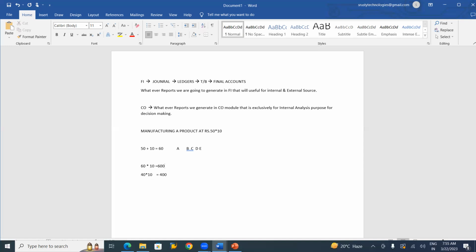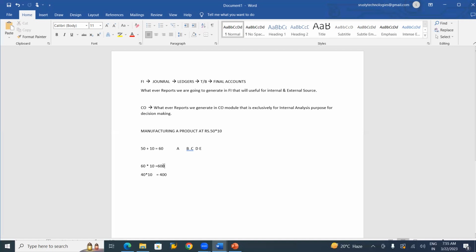So this is called revenue. See here, 600 is my revenue, 400 is also revenue. Clear? Revenue means whatever amount we are generating by sale of goods. That may include either profit or loss, but whatever you are receiving is nothing but your revenue.